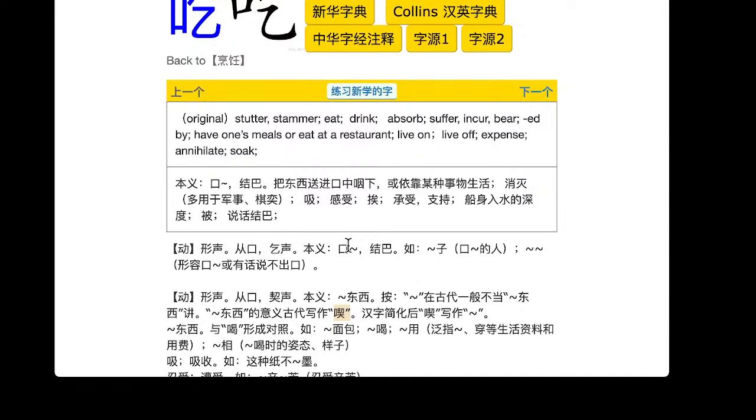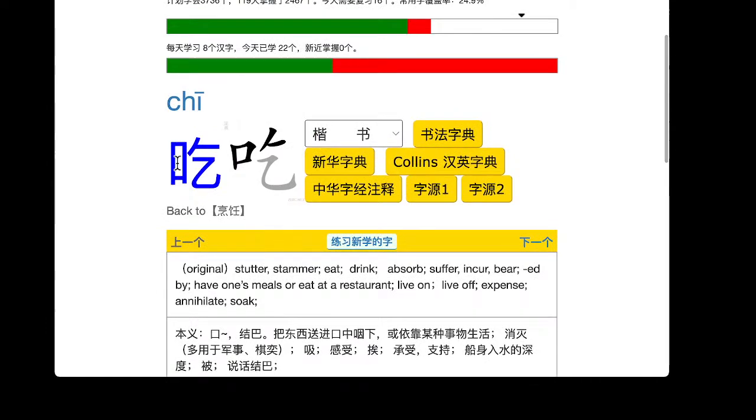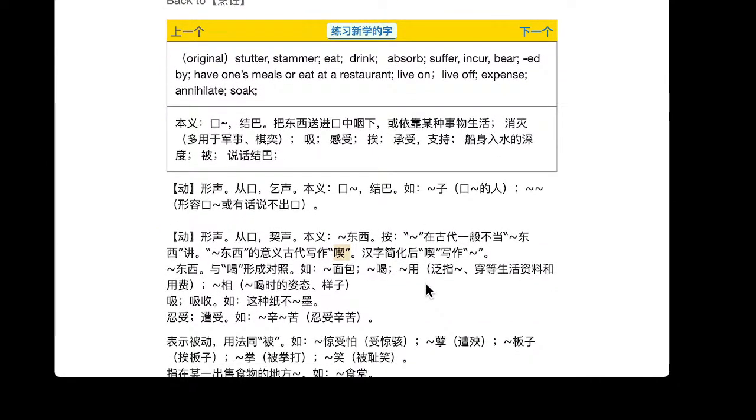So when they simplified the characters, they combined these two meanings into one. So nowadays they use the same character to mean both meanings, either stutter or eat.